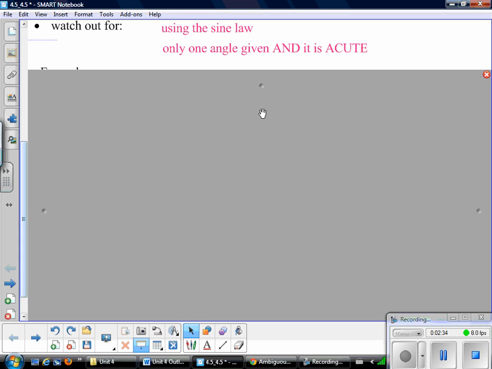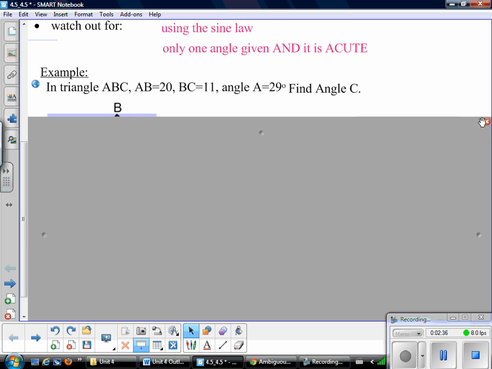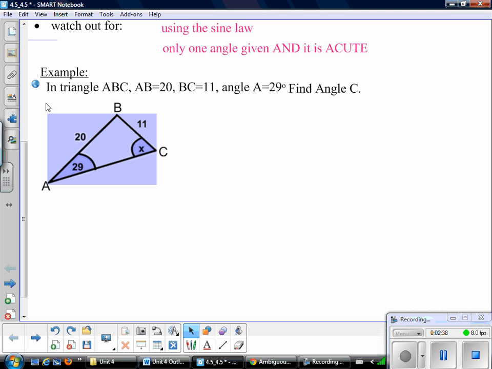So let's take a look at what this means. In triangle ABC, I have AB is 20, BC is 11, and angle A is 29. They ask us to find C. Normally we would see this set up, no big deal, and we know that we have to use the sine law. Watch what happens when we do that.